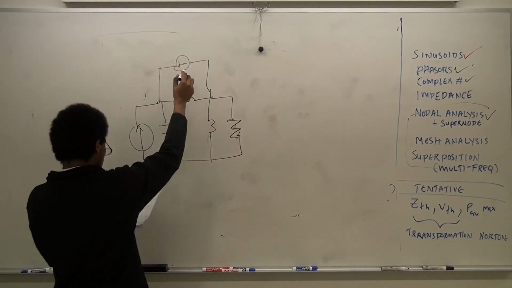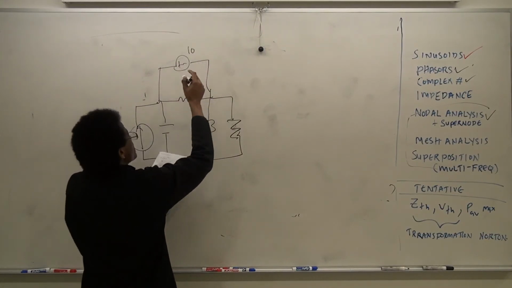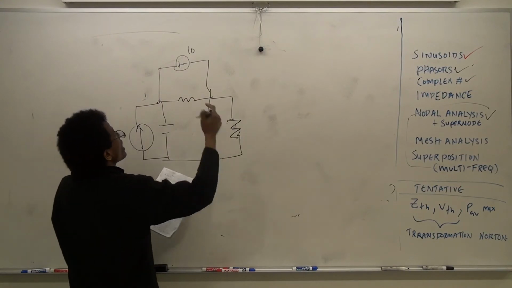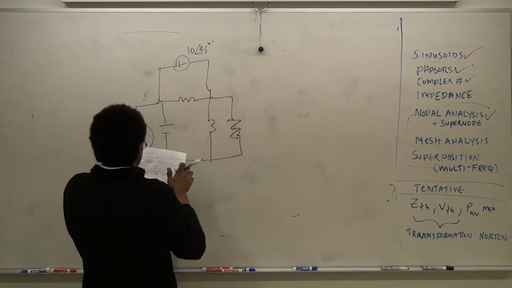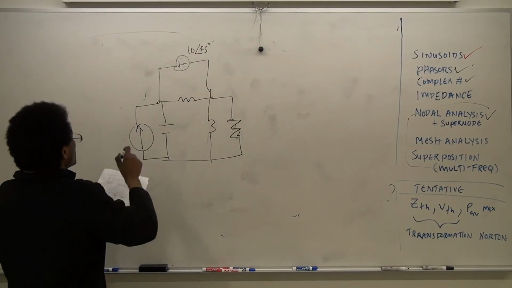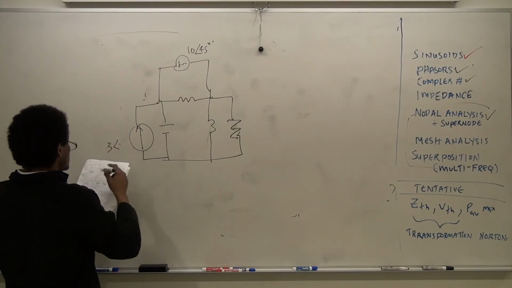In this case, they made it easier for you. They gave you everything in phasor. If they didn't give you things in phasor, if they give you things in time, then you're going to have to do the conversion yourself. In this case, we're just going to give you everything to make your life a lot easier. You've got an inductor given in phasor form.